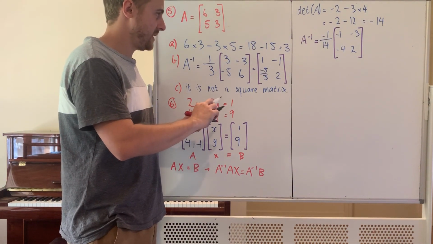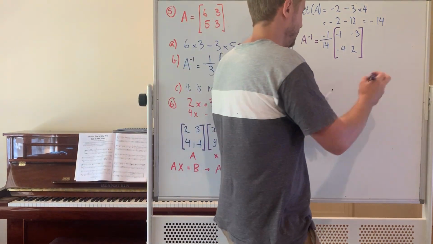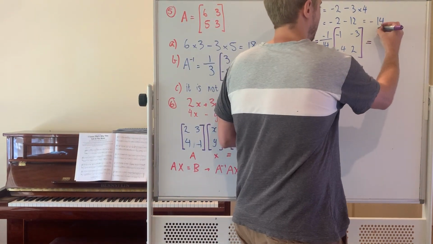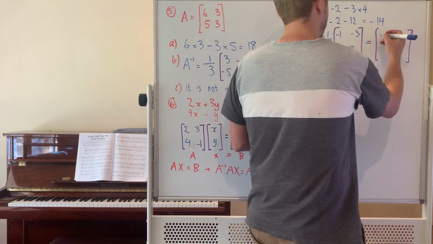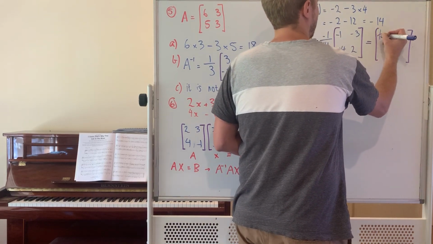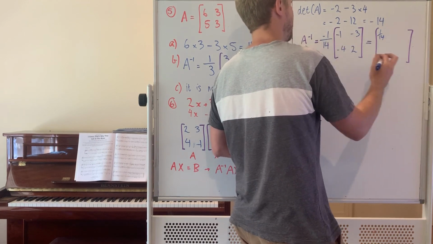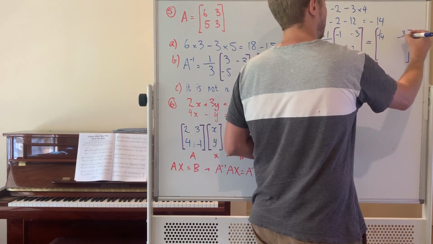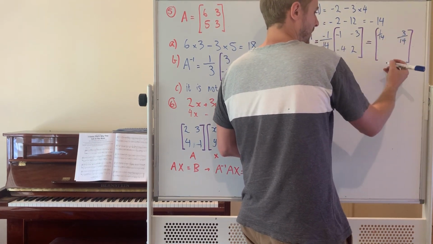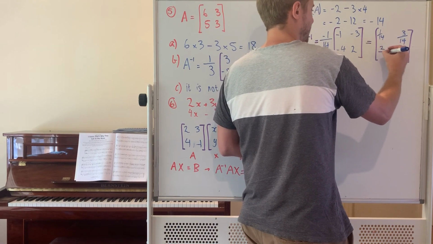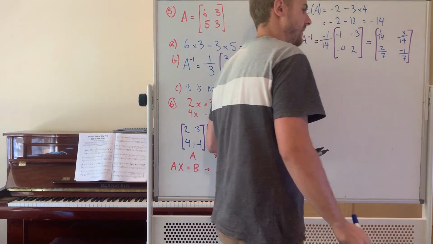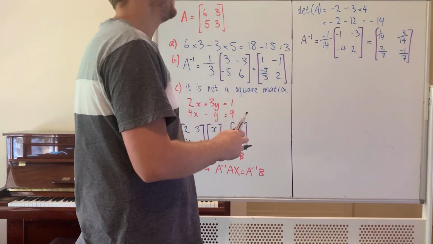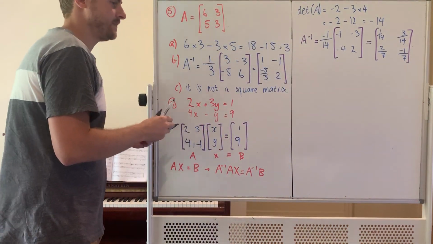Alright, so if I was to expand that, I'm just going to write in fraction form. Multiply each of these by negative 1 over 14. I'm going to write this one as 2 over 7 because that's simplified. And negative 1 over 7.